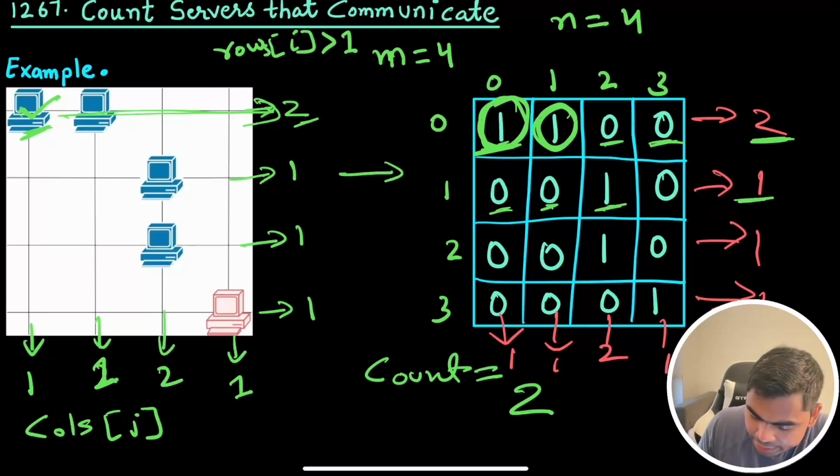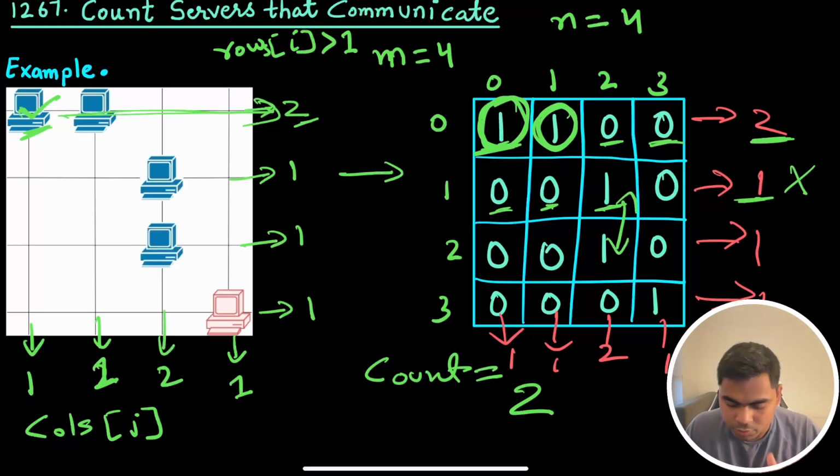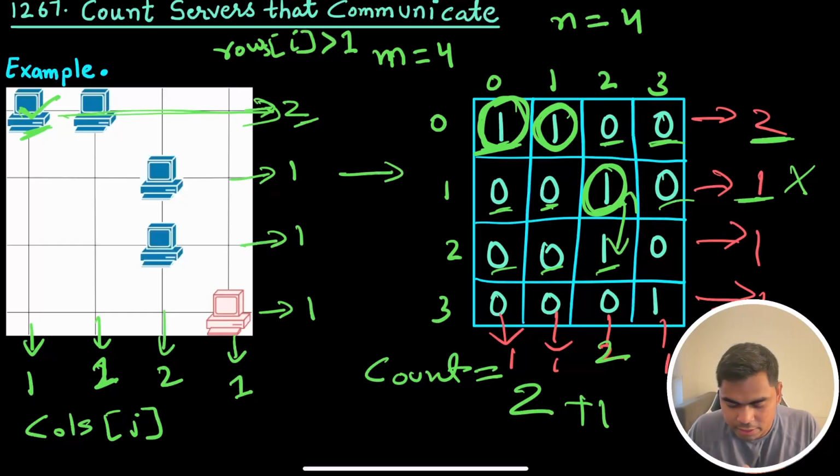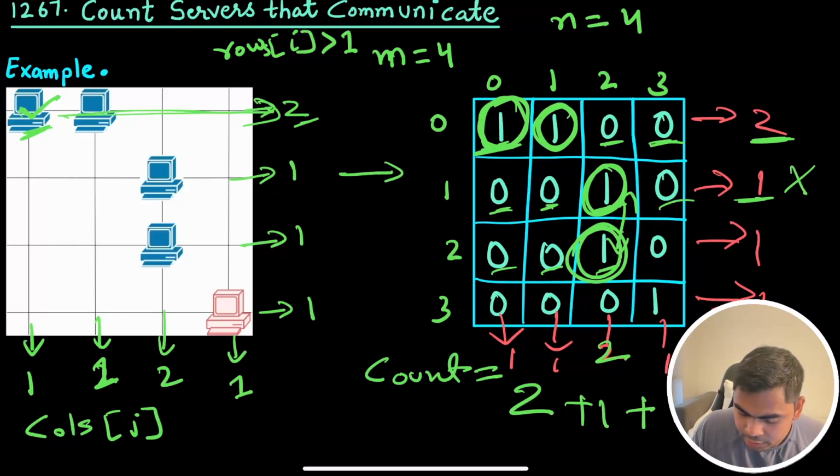This one is just 1 in its row, so by row it does not qualify, but it can communicate with another server in the same column. So this one does qualify, we count this and increment our count. Skip this, come here. Now this 2 is present in the same column, so we add one more, and this is another answer. Skip this.